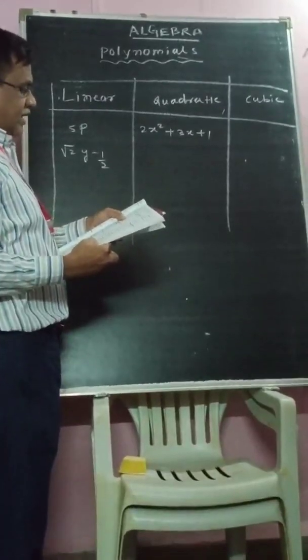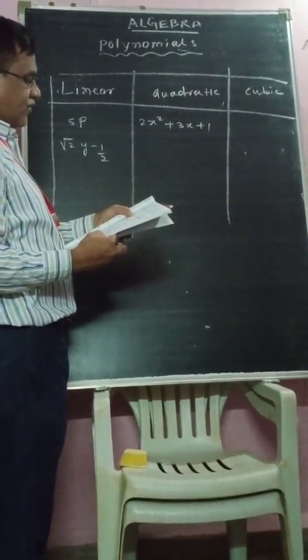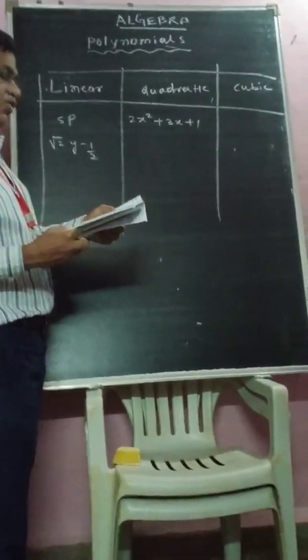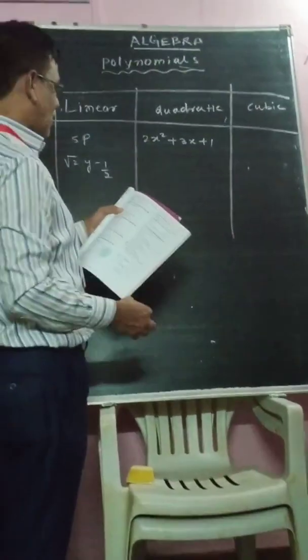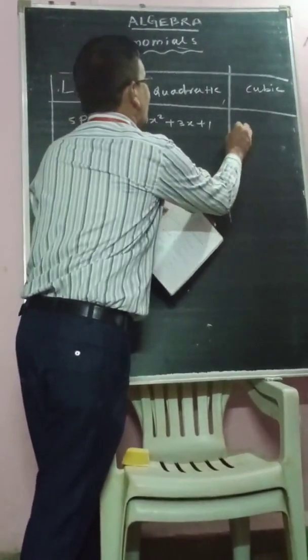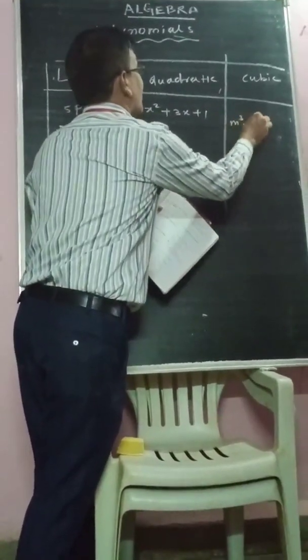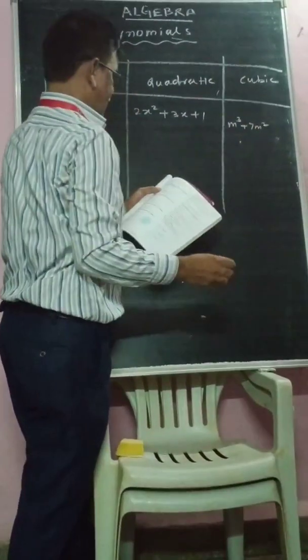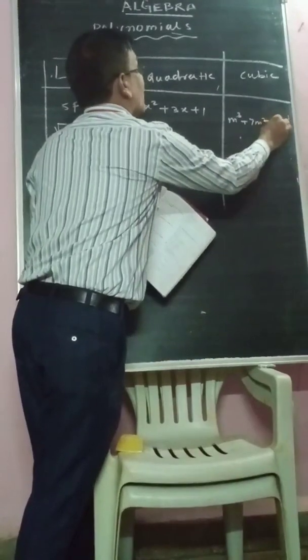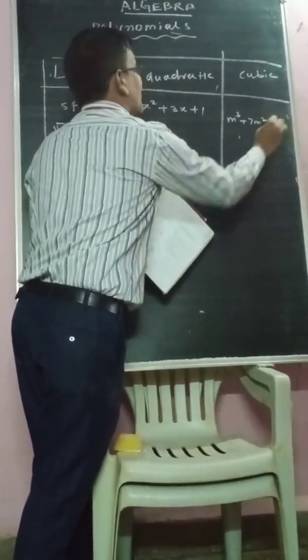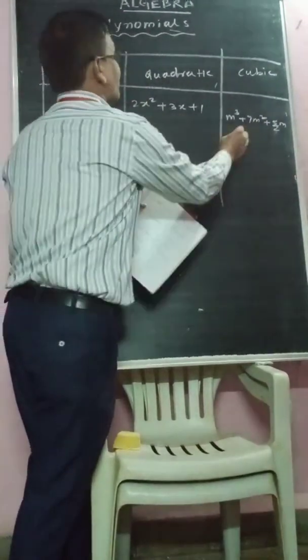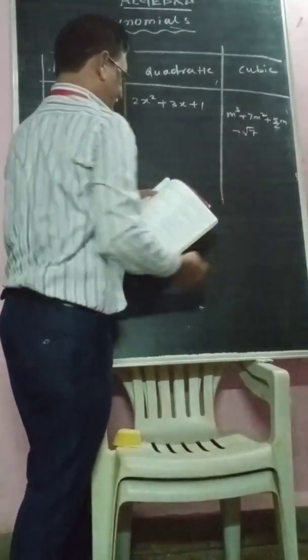Now third one is m cube plus 7m square plus 5 by 2 m minus root 7. M cube means highest power is 3. It is cubic. M cube plus 7m square plus 5 by 2m minus root 7. This is a cubic polynomial.